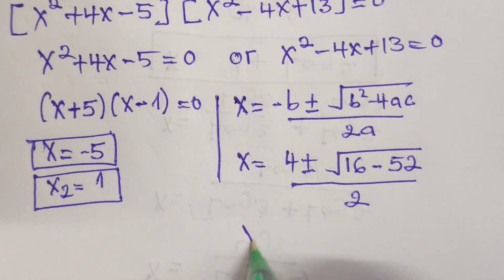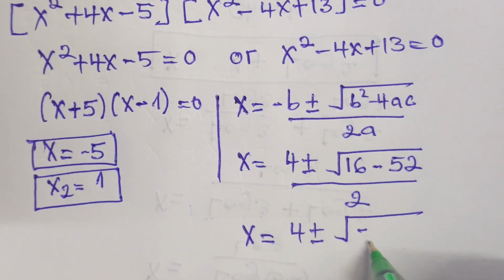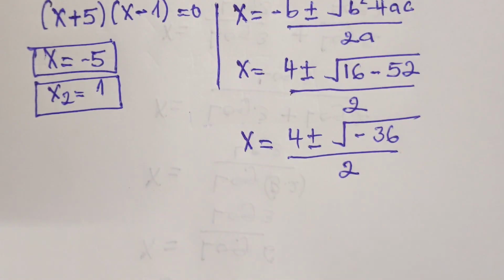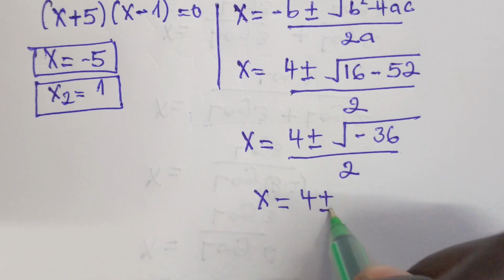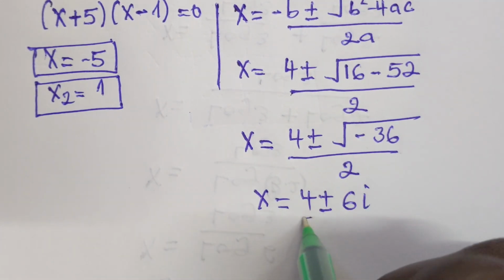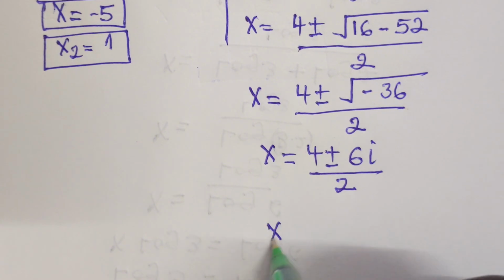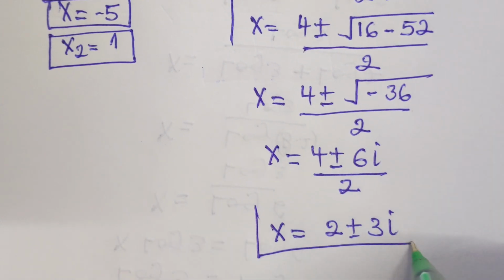Okay, then x will be 4 plus or minus square root of negative 36 over 2. Then our x will be 4 plus or minus 6i over 2. Then our x here will be 2 plus or minus 3i.